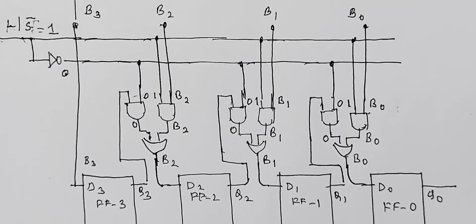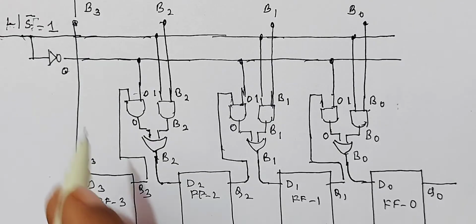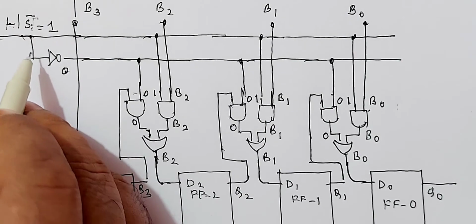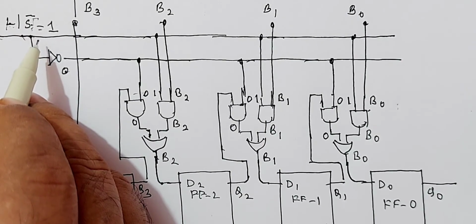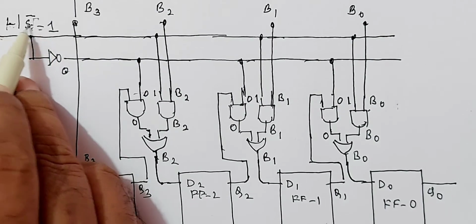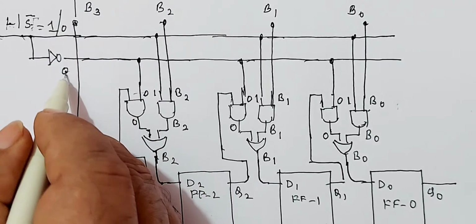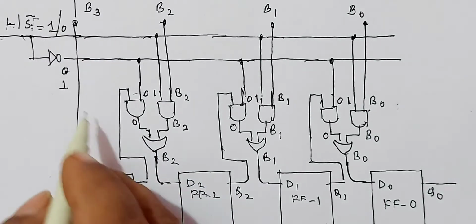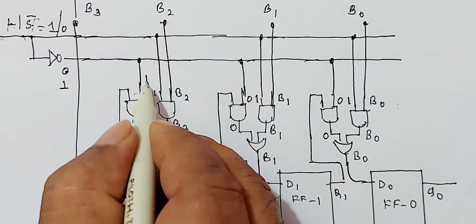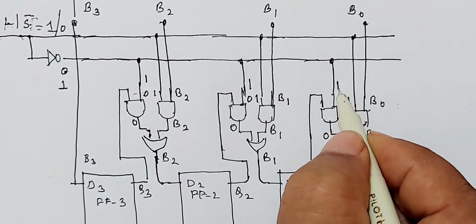Now we have to shift it one by one. Let us see how it is shifted one by one. In order to shift, you make this line 0. When this is 0, it becomes 1. Now this line becomes 1. This line becomes 1. This line becomes 1.